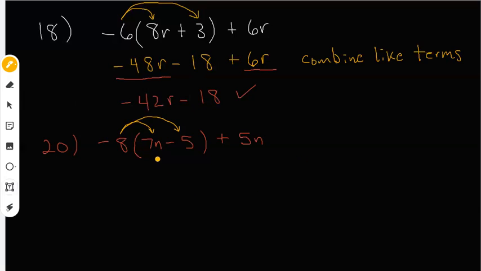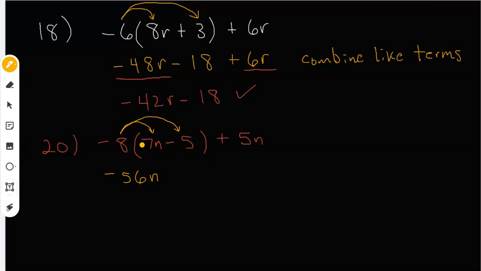Let's see what happens when we multiply. What happens when I multiply negative 8 by 7n? I'm going to get negative 56n. So that's the first term that I get. Now I multiply negative 8 by negative 5. What do I get for that, Coach?